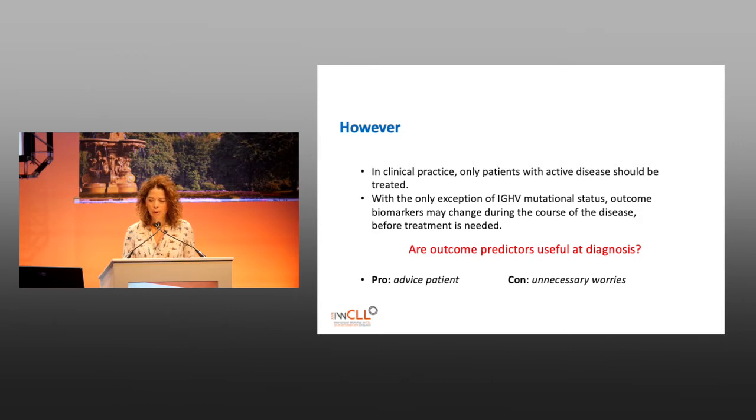However, in clinical practice, we have to keep in mind that only patients with active disease should be treated, and with the only exception of the IGHV mutational status, the outcome of biomarkers may change during the course of the disease. So this is an open question. Are outcome predictors useful at diagnosis? While one of the advantages could be to advise patients, the con would be to create unnecessary worries. This topic will be covered by Barbara Eichhorst in more detail.